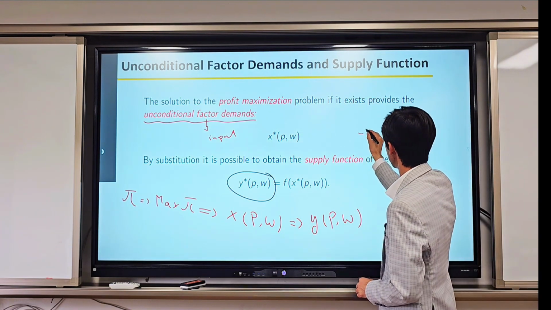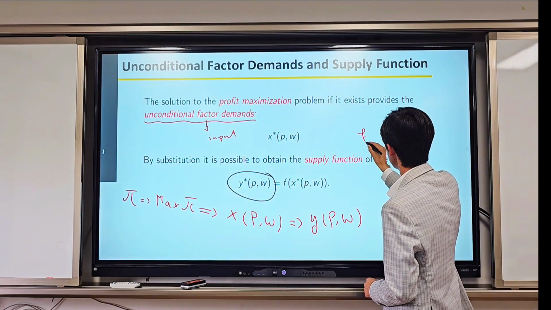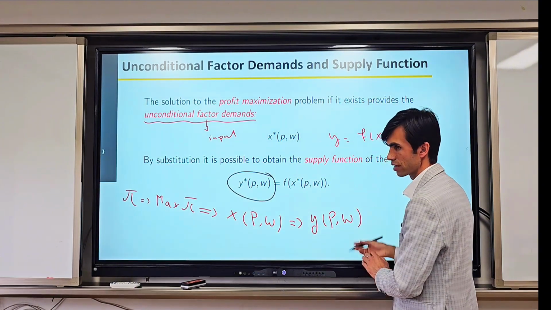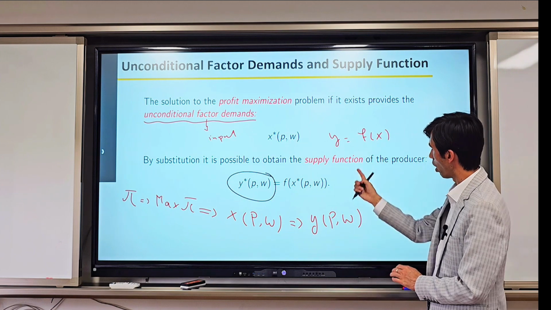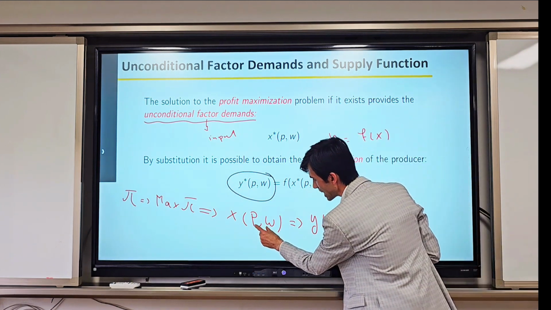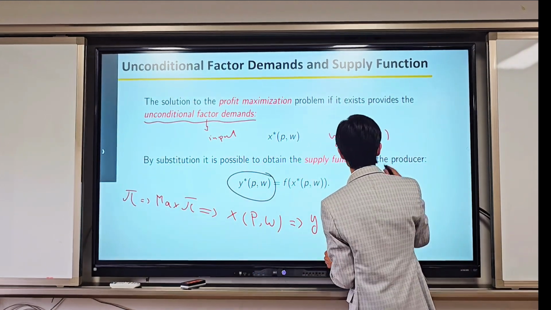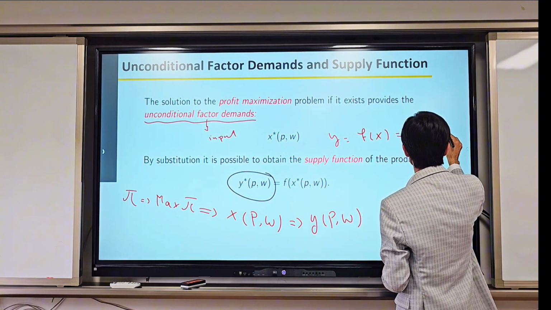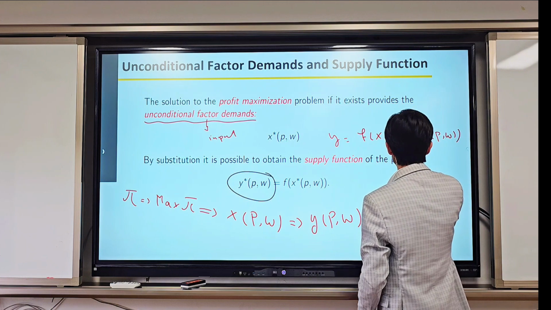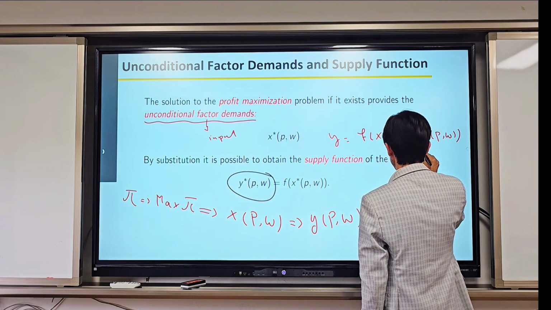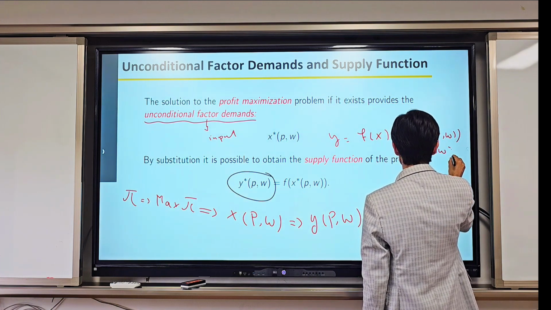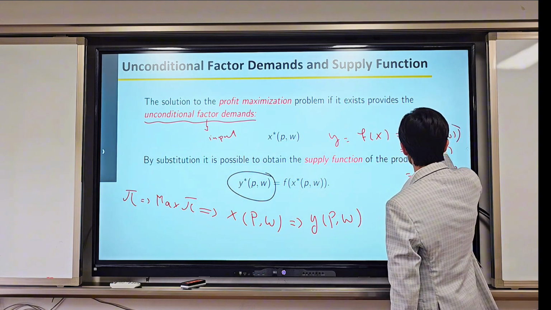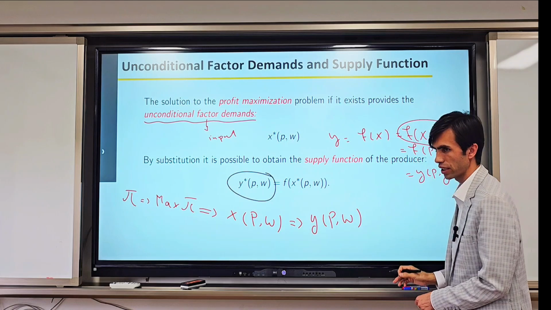Because we have y as a function of f of x, but now x itself is a function of P and W. Then we can write f of x as a function of P and W, so y is a function of P and W.